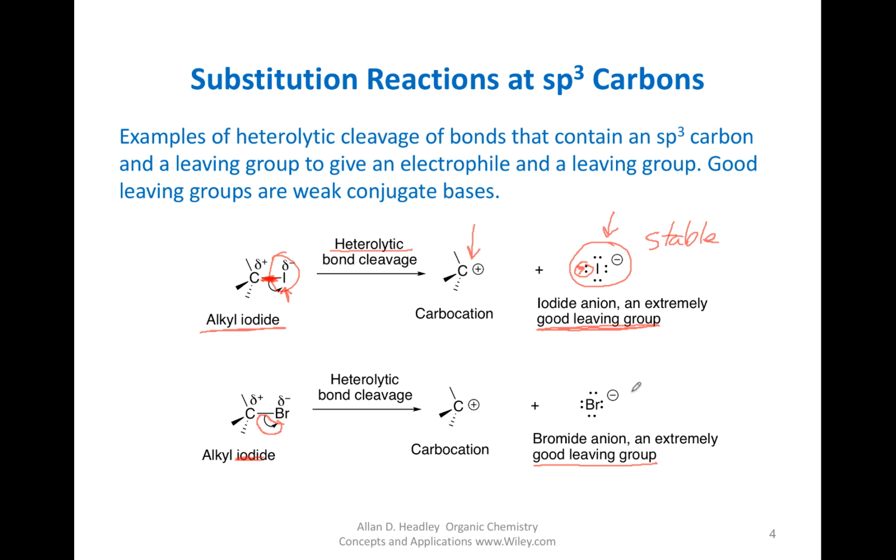So the conjugate acid of Br negative is HBr. Let me say that again. The conjugate acid of Br negative is HBr. And HBr is a very strong acid, of course, which means that its conjugate base here is very weak, which means that it's a good leaving group because it's very stable. It can accommodate the negative charge.